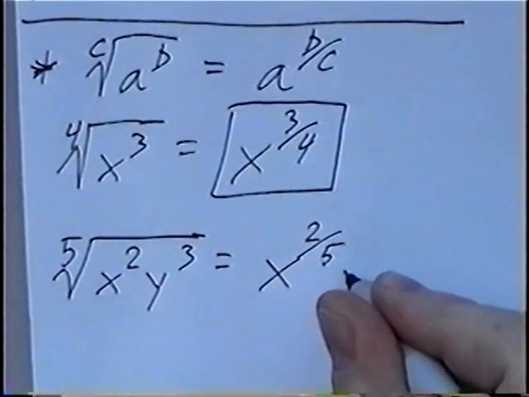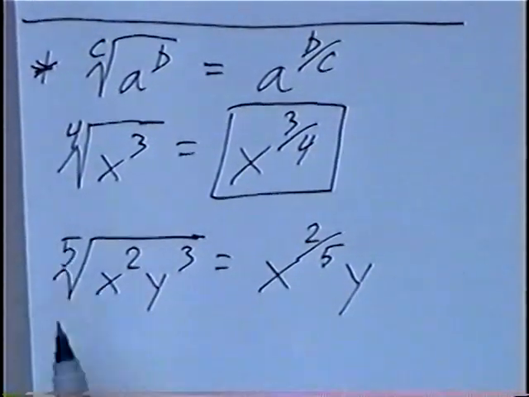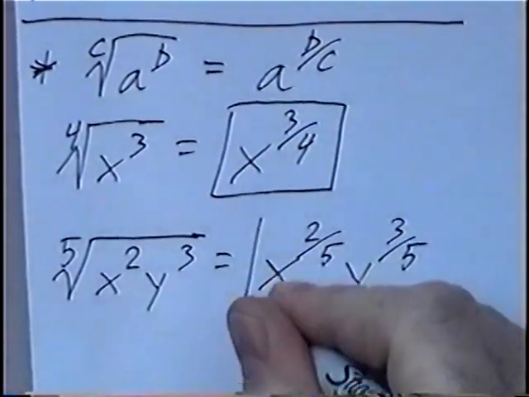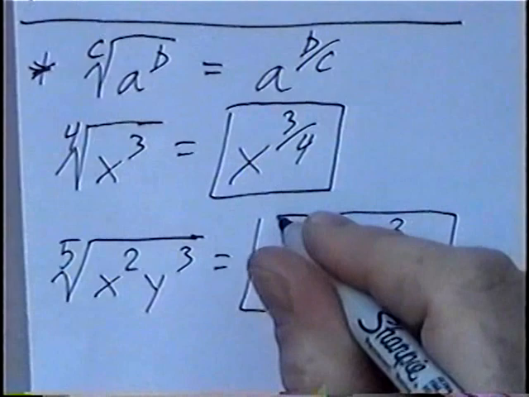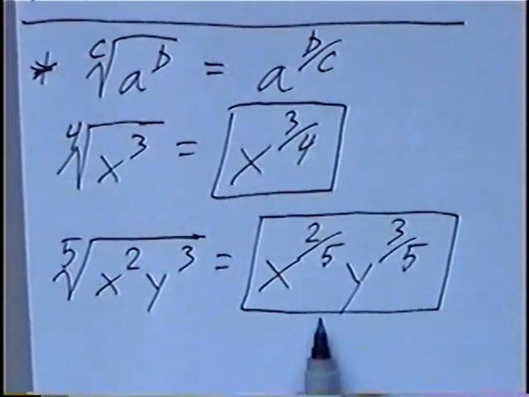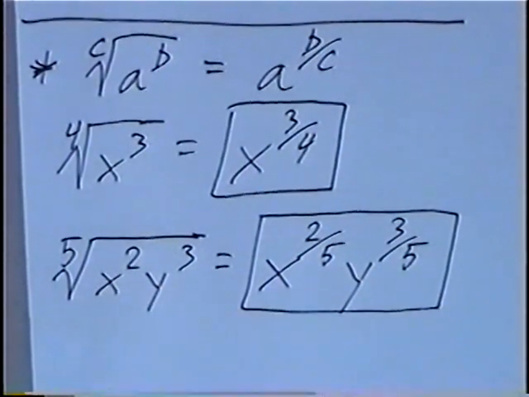The y would be our second variable, and again taking the exponent over the root number, we'll have y as 3 to the 5th. So changing the form, the fifth root of x squared y cubed in exponential form is x to the 2/5 times y to the 3/5.